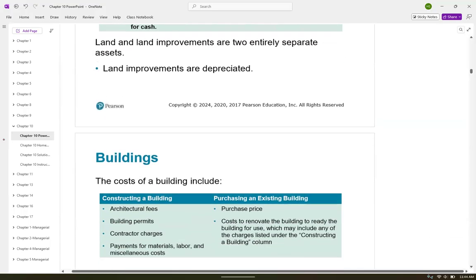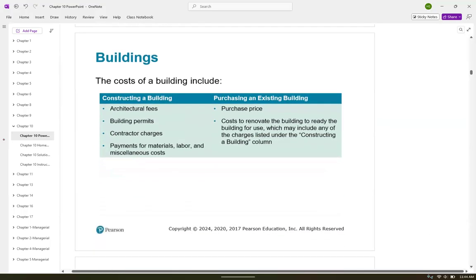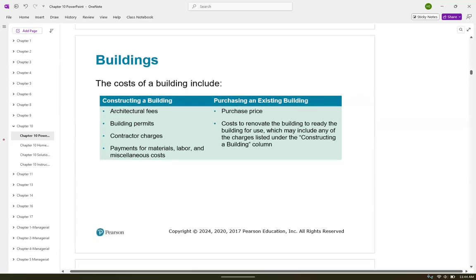Okay. All right, let's get into buildings. Like I said, a lot of these are very self-explanatory, but there's a few things I'm going to pull out that are not as self-explanatory. Okay. Architect fees, building permits, contractor charges. That's if they're constructing a building.